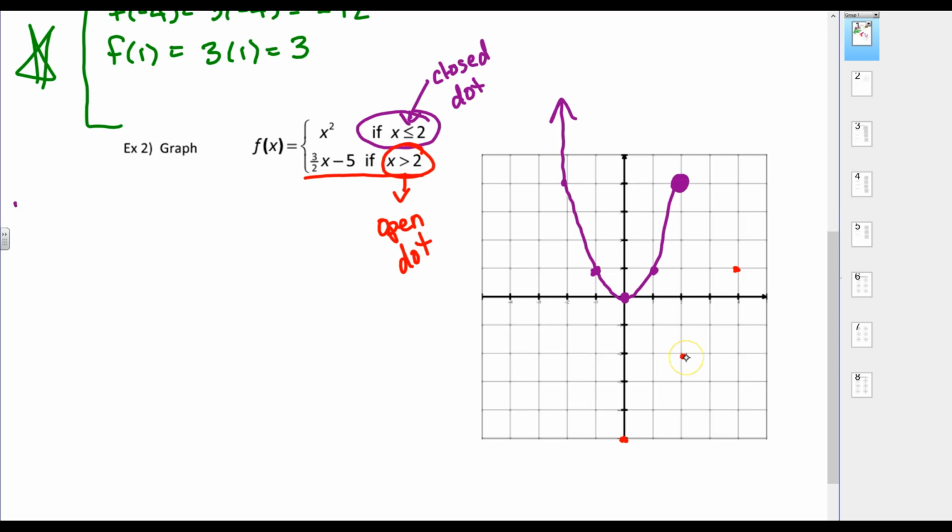When x is 2, I get this place right here. So I'm going to replace that with a nice open dot right here. And I don't want the stuff that's behind the 2. I only want the stuff that's going out towards infinity. So I just want this piece of my graph, and I don't want to keep that. So this is the complete graphed solution for this piecewise function.